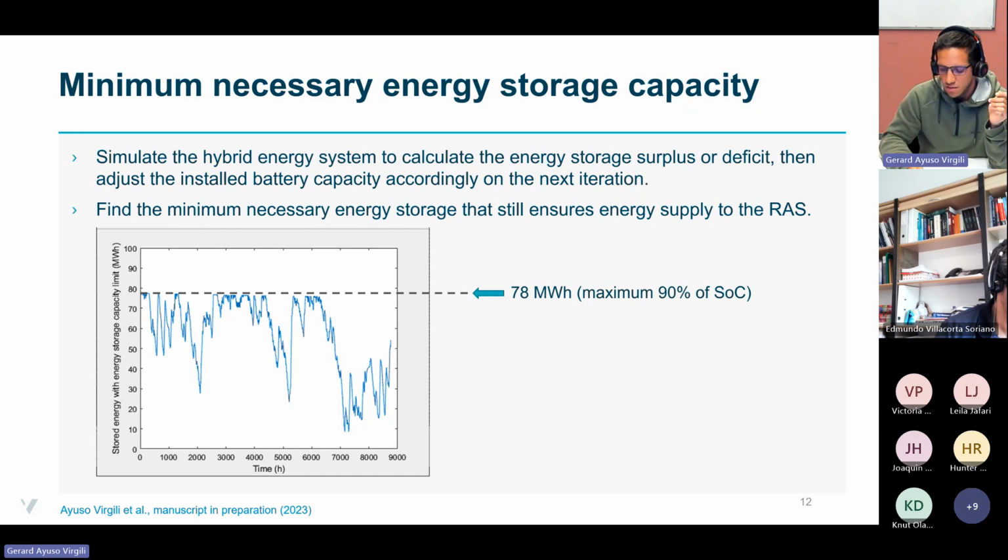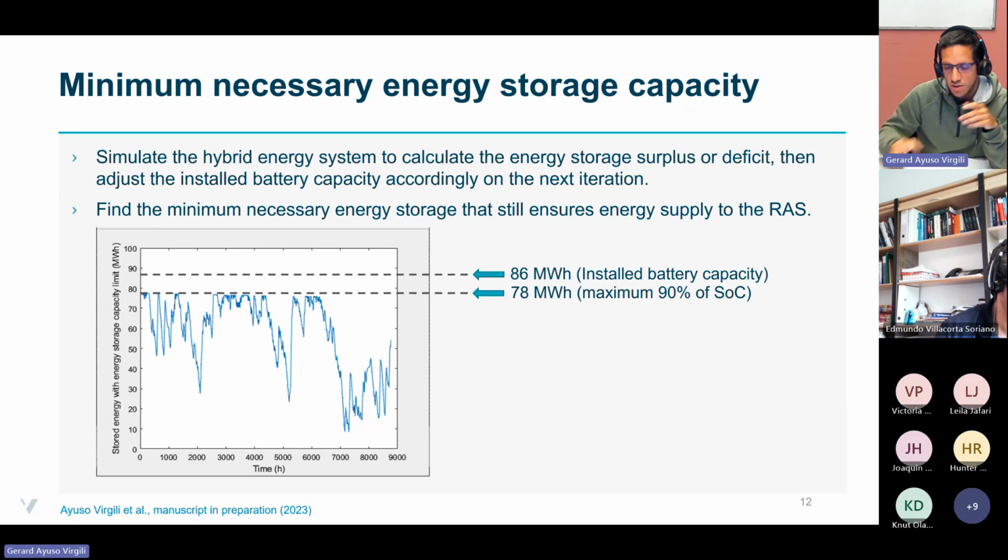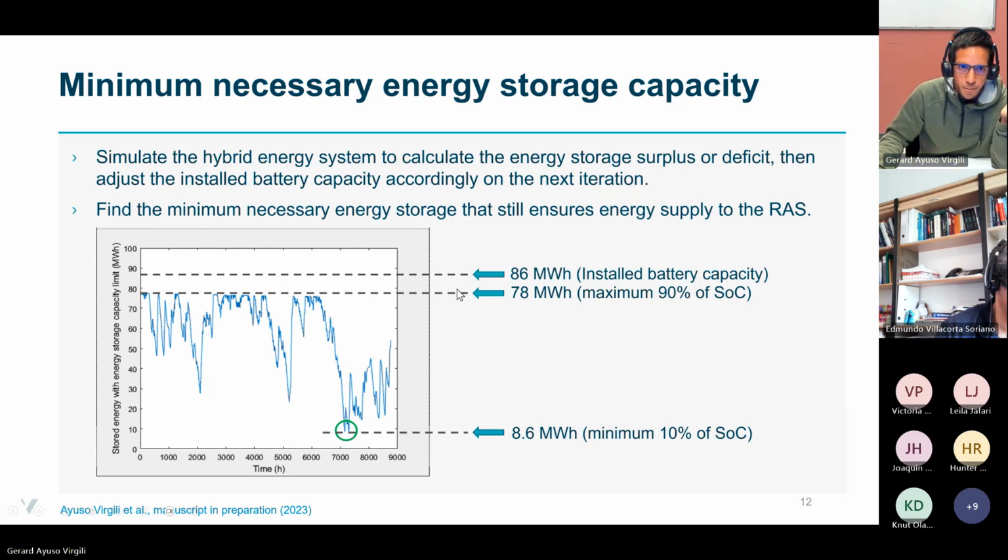So this means that we would actually need a battery or several batteries with a total capacity of 86 megawatt hours in this case. And then on the lower end, a 10% state of charge would be 8.6 megawatt hours. And this is what the bottleneck of the system would be in this case. If we were to reduce this amount of energy stored in the battery, then it wouldn't be possible to reach this point with enough energy to cover the RAS.